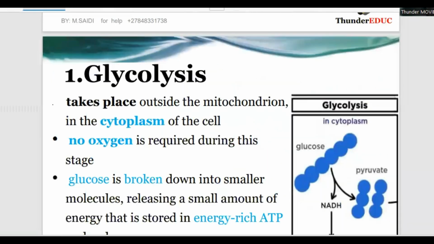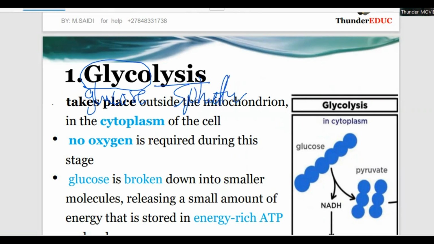So if we come back here and we see our process of glycolysis, what does it mean in science? Glyco comes from the word glycogen, but here we are referring to glucose. Lysis in science means splitting.